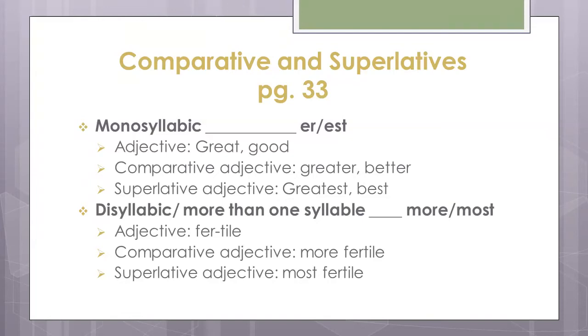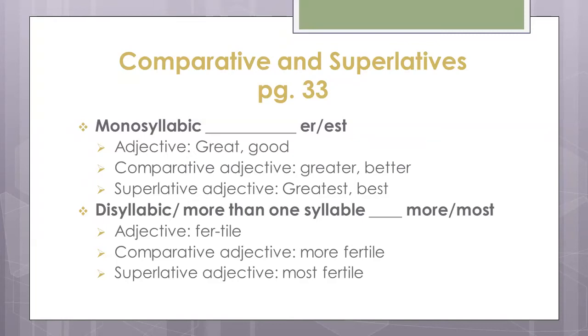When the adjective is monosyllabic, for example great or good. Monosyllabic means having one vowel sound. Good has one vowel sound, that is oo. So the words which have one vowel sound are monosyllabic. When we make a comparative adjective of a monosyllabic adjective, we add er.